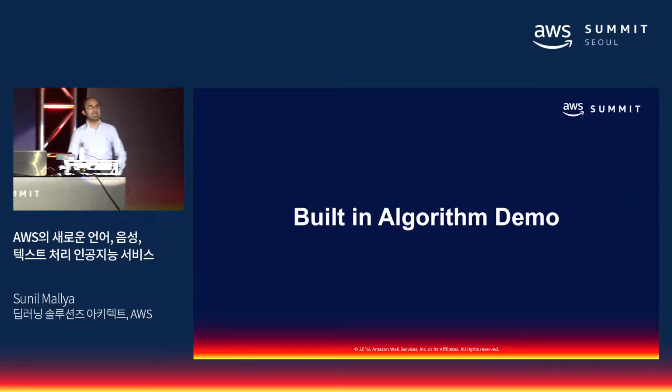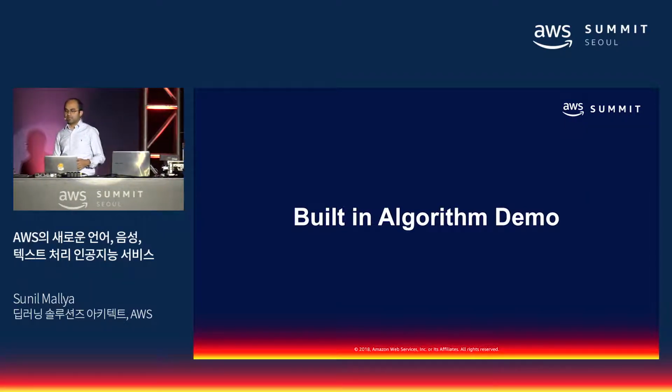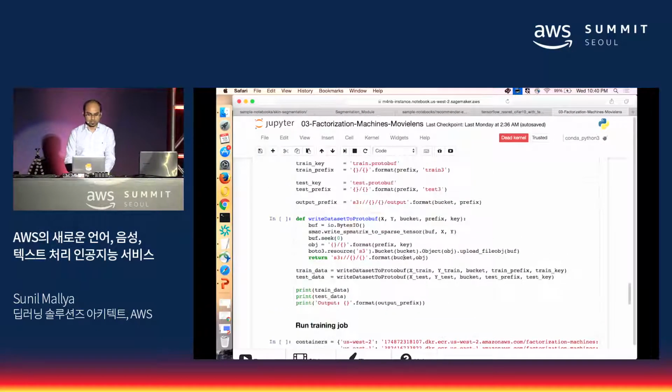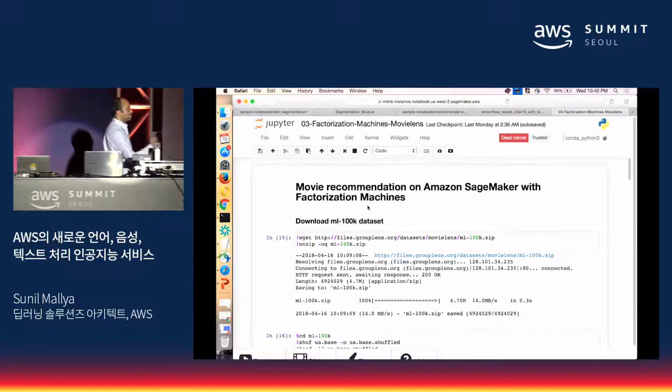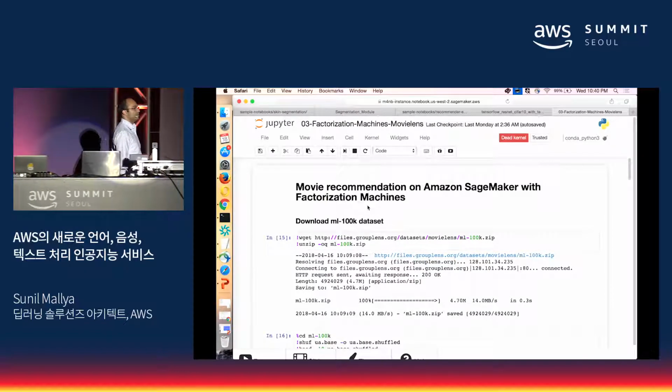Let's take a look at the SageMaker console and, in general, what the feel is there. I'm just going to switch to SageMaker. Once you go to the console, you can spin up a machine and a notebook interface is made available.